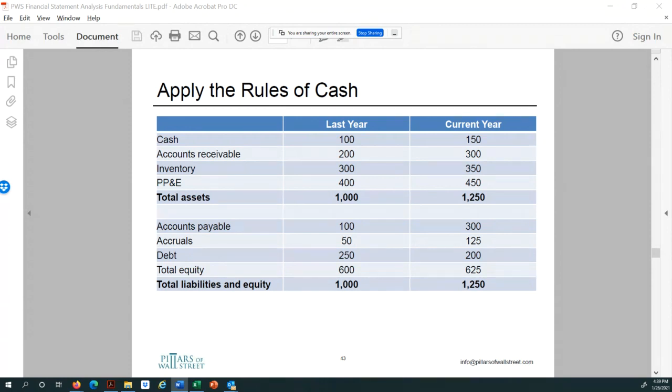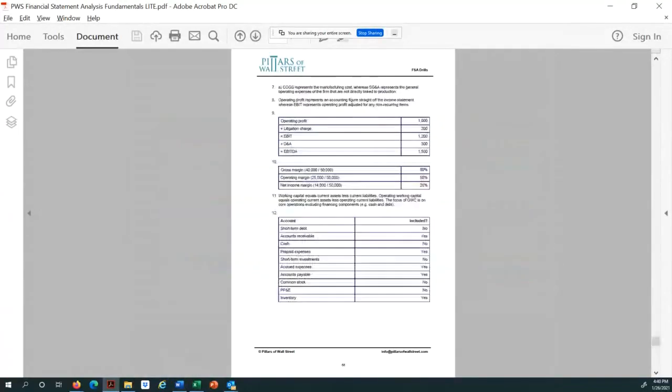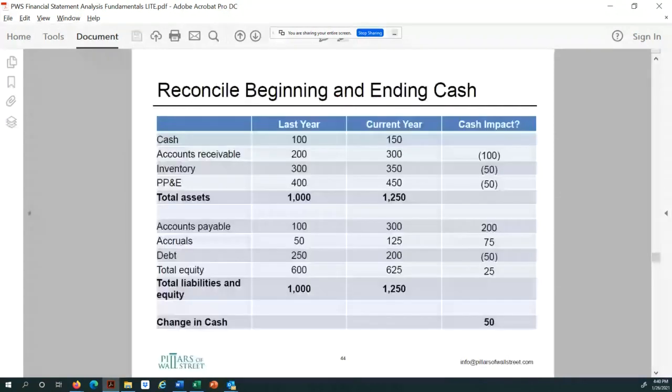What does 50 represent? The change in the cash account. The change in cash. This is what we have on the next page here, page 44. So we have 50 here on the next slide. What does 50 mean?